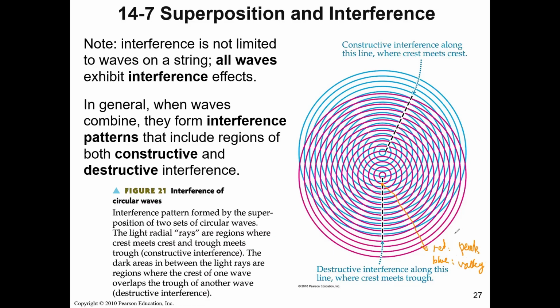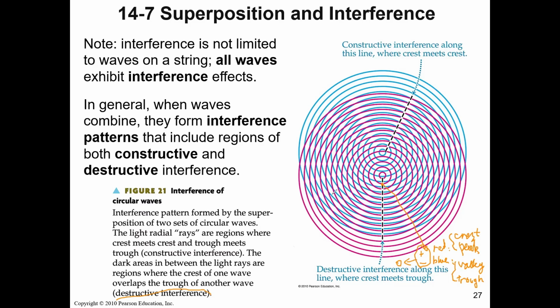A peak is also called a crest, they mean the same thing. And the valley can also be called a trough. So basically in here, the red wave is positive and the blue wave is negative. If you add them together, it gives rise to something like 0. So it's a destructive interference along those lines.